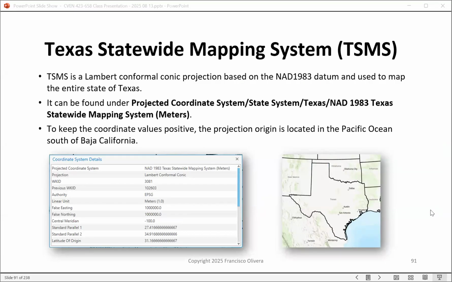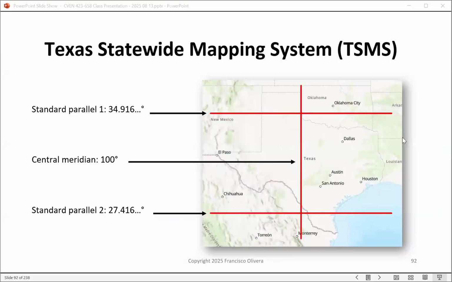For the entire state of Texas, probably the best projection is the Texas Statewide Mapping System, which is a Lambert conformal conic projection. It preserves the shapes. And I show here where exactly it can be found in ArcGIS Pro. So this is going to be a Lambert conformal conic, so it's a conic projection. That means that the standard parallels are going to be here and here.